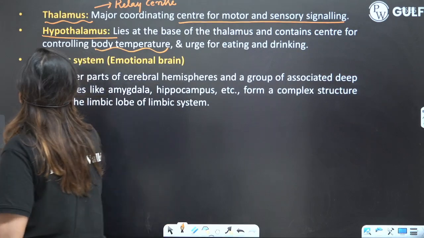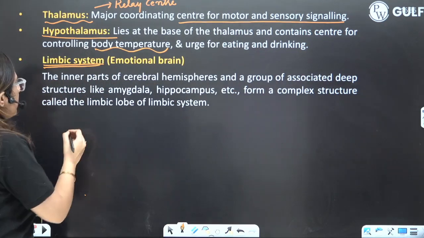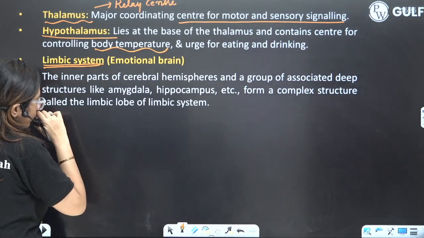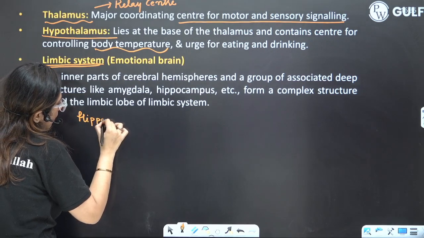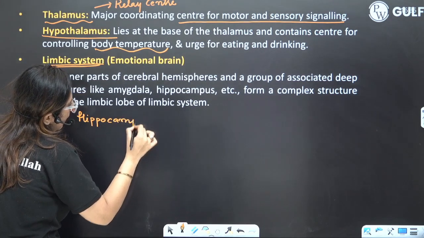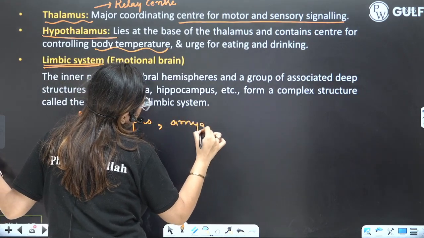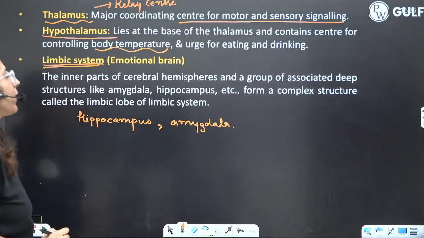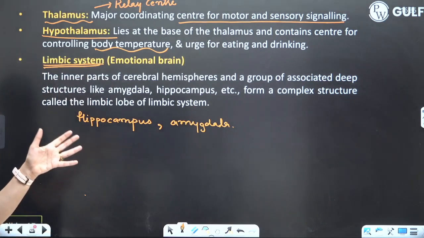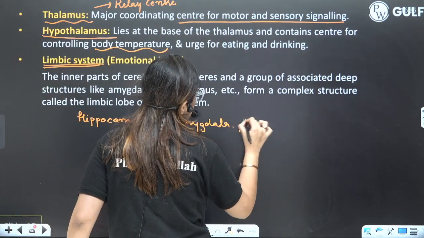Next, very important, the limbic system. So what do you mean by limbic system? The limbic system means your hippocampus, amygdala, right? The hippocampus, amygdala and the thalamus.